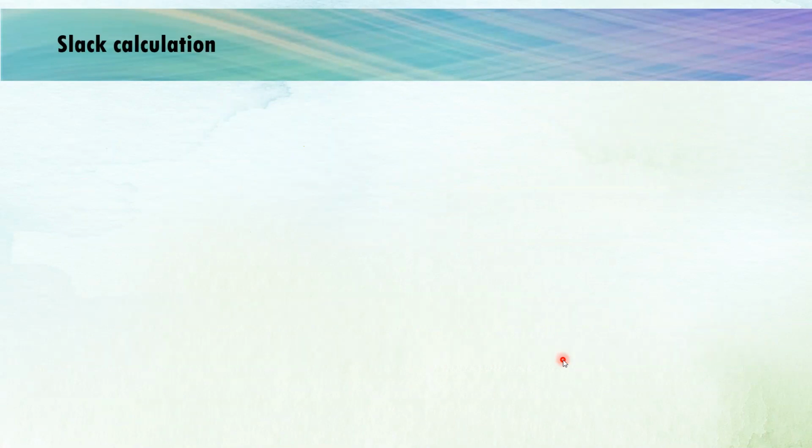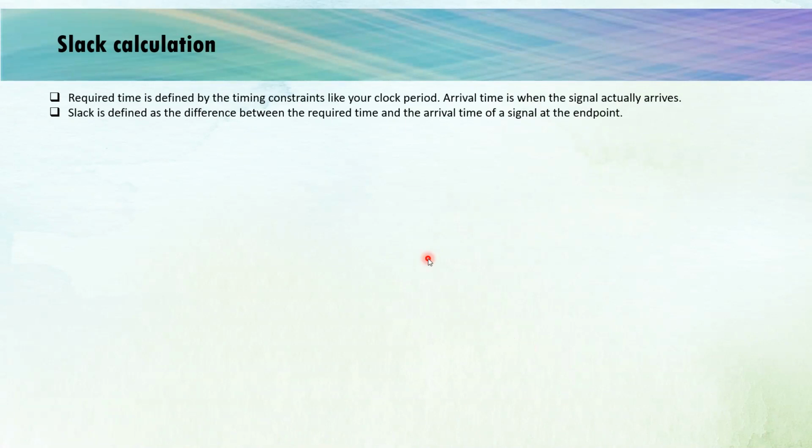So with this, I think it's important to understand the slack calculation of our design circuit. We have already seen the definition, but now we will see it one more time. Required time is defined by the timing constraint, like your clock period in the setup case, or the hold duration in the hold case.